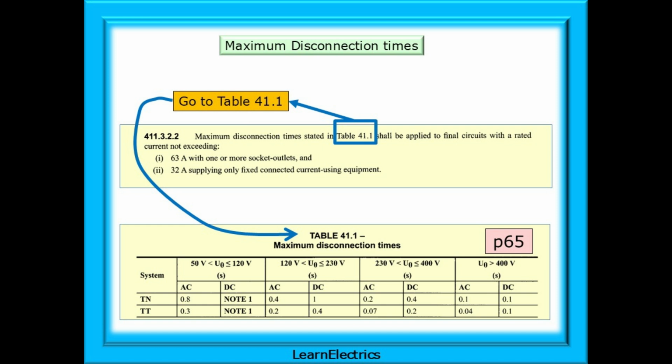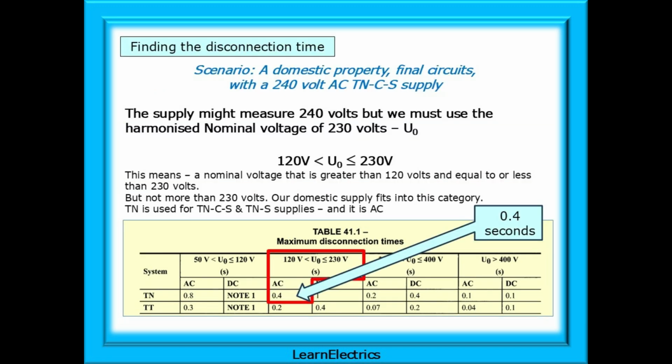It is not in the next range up. Finding the disconnection time is easy. Take this scenario. A domestic property, final circuits with a 240 volt AC TN-C-S supply and nominal 230 volt AC. What is the maximum disconnection time? Following the instructions, we find that the maximum time is 0.4 seconds.